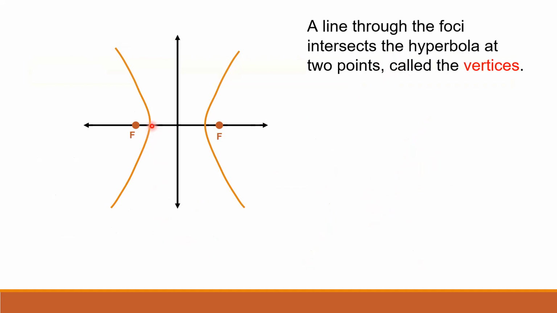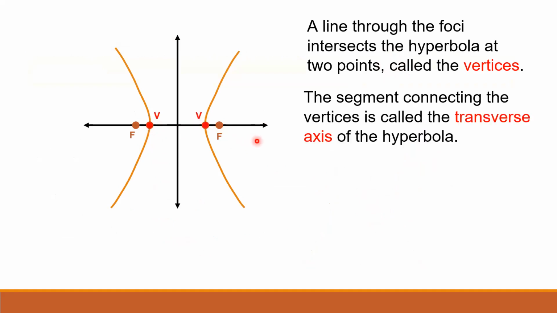So the intersections of the hyperbola and the line segment connecting the two foci are what we call the two vertices. The segment connecting the vertices is called the transverse axis of the hyperbola. So that is our transverse axis. Take note that the two foci are located outside the transverse axis.